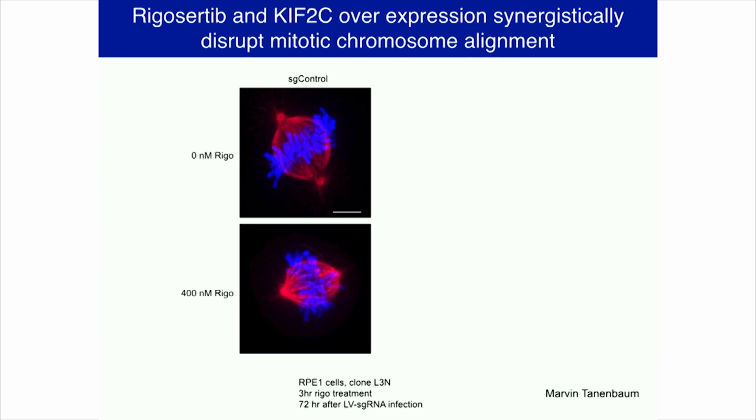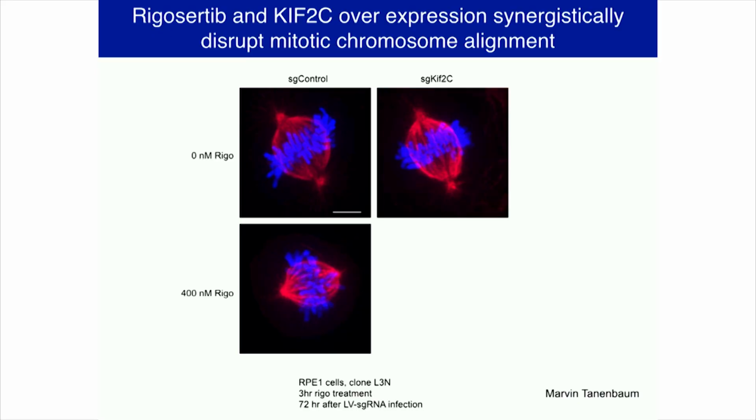He worked at a sublethal dose of rigo, and here the spindles were able to form appropriately and attach to the chromosomes during mitosis and allow segregation of the chromosomes. Similarly, the KIF2C overexpression had a relatively modest, if at all, effect on spindle formation, microtubule formation, and attachment to chromosomes and segregation.